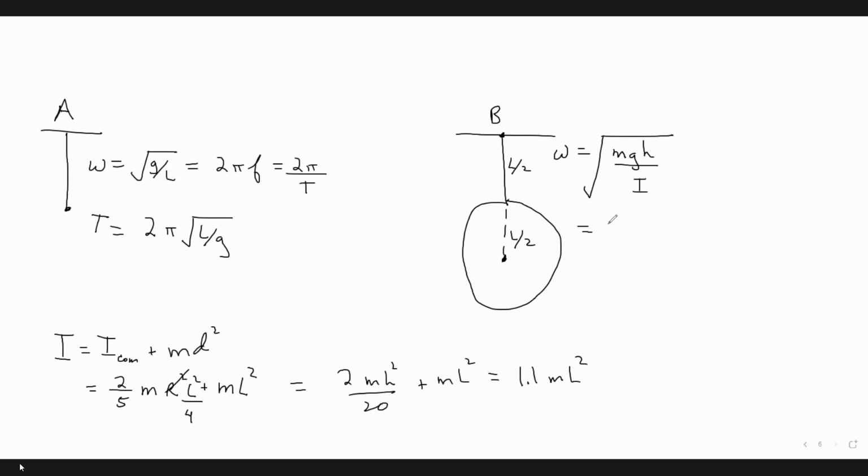So this omega is mgL divided by 1.1 mL squared. So the m's cancel, the square cancels, and the period for pendulum B is equal to 2 pi times the square root of 1.1 L over g.